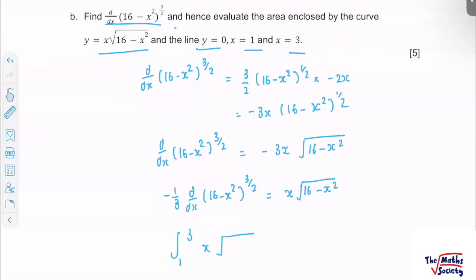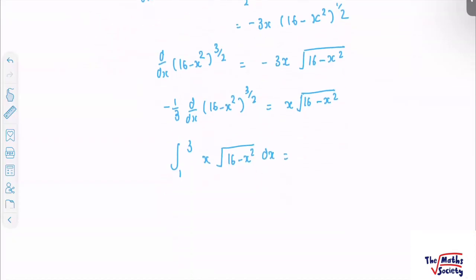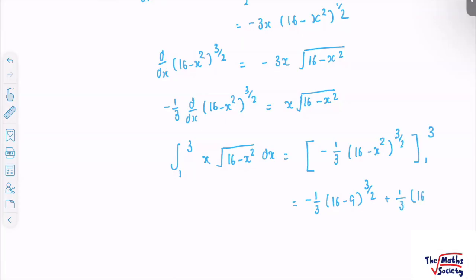X square root of 16 minus x squared dx equals minus 1 by 3, 16 minus x squared, 3 by 2, that's 1 to 3. Minus 1 by 3, 16 minus 9, that's a whole power 3 by 2, plus 1 by 3, 16 minus 1, that's 3 by 2.